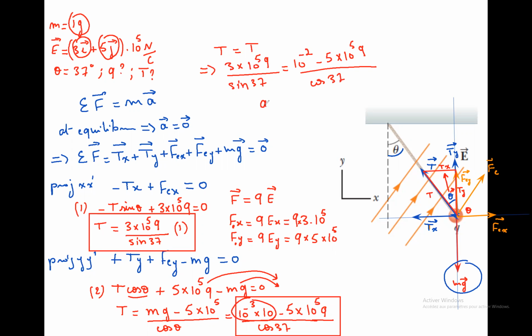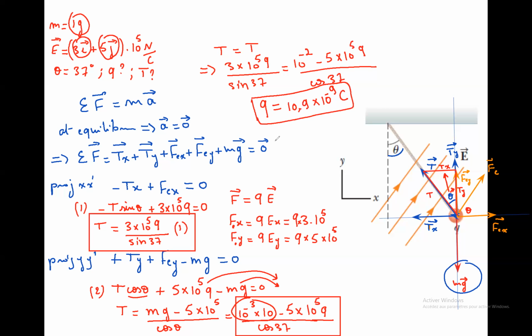You calculate Q, you get Q is equal to 10.9 times 10 power minus 9 coulomb. This is the answer of Q.